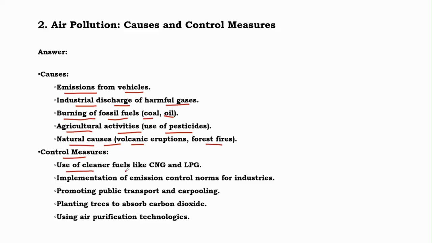Control measures: use of cleaner fuels like CNG and LPG, implementation of emission controls for industry, promoting public transport and carpooling, planting trees to absorb carbon dioxide, using air purification technologies.